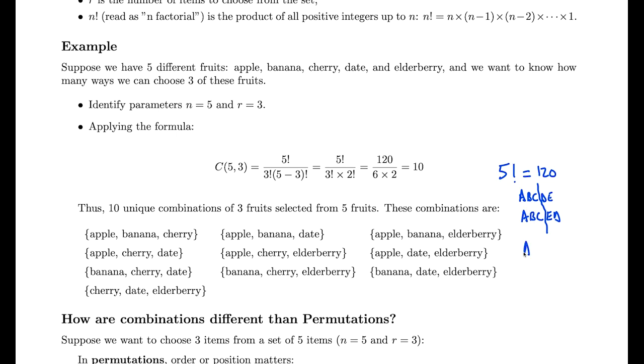A, B, C is no different than B, A, C or C, B, A. Those are all different arrangements, but we're not concerned with the order of arrangements, so really they mean the same thing. There's this repetition happening of how many times you can arrange the 3 letters that you're taking, and arranging these 3 fruits is 3 factorial.